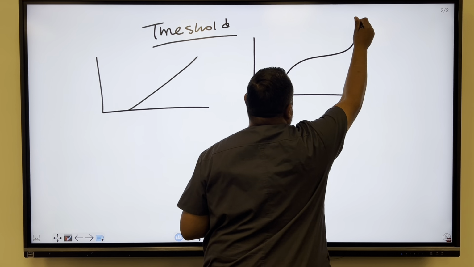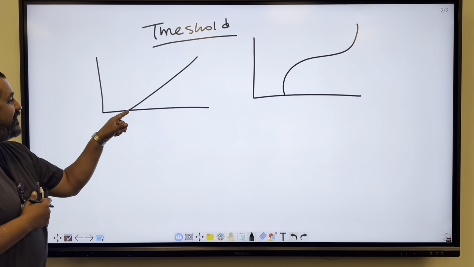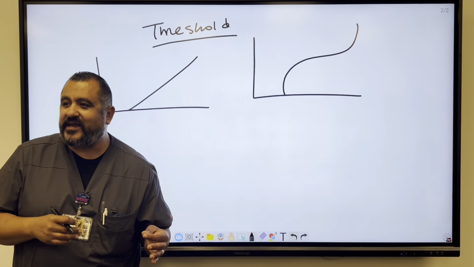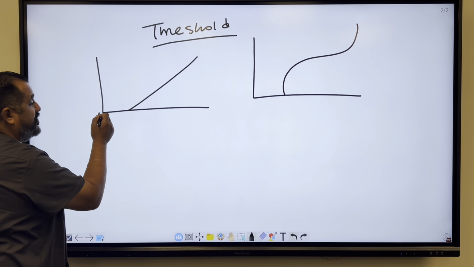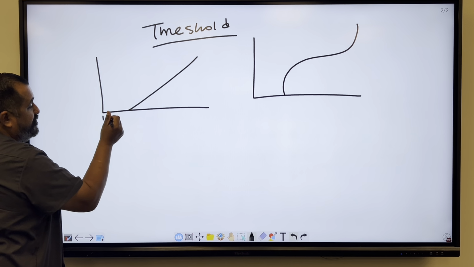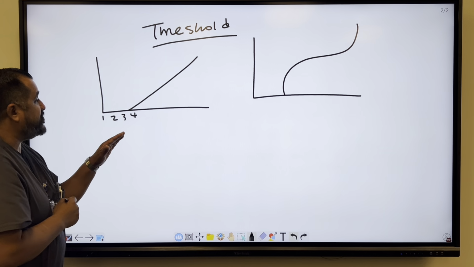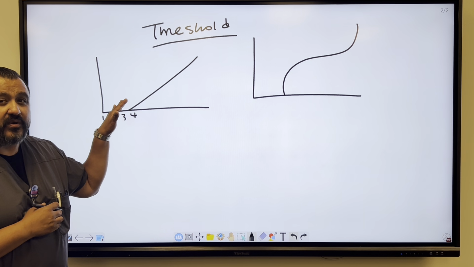All right, so let's take a look at what we're looking at now. So we got threshold. Now notice the line doesn't start in the corner. Keep it simple, you guys. Don't make it complicated. Let's say you have 1 milligray, 2 milligray, 3 milligray, 4 milligray. And now all of a sudden you start to have this response that the body is saying, hey, there's something going on here.